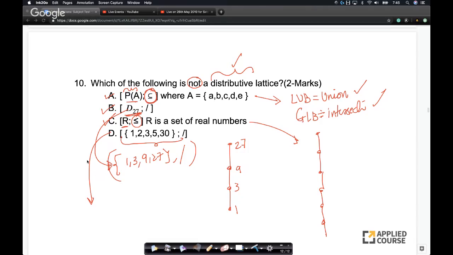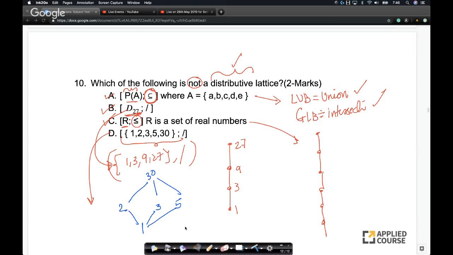But the other way to think about it is, look at this. This is the set, and this is your divides operator. If I draw the Hasse diagram, I'll get 2, 3, and 5, and all of them divide 30.